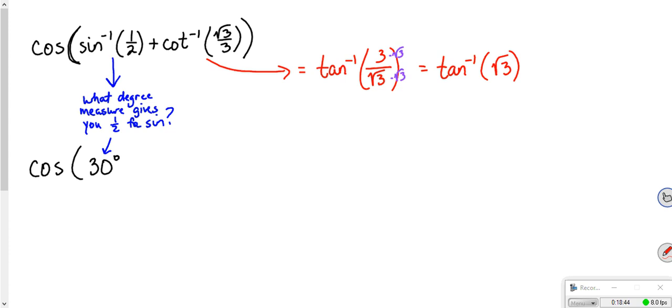So arctan of root 3 gives me 60 degrees.